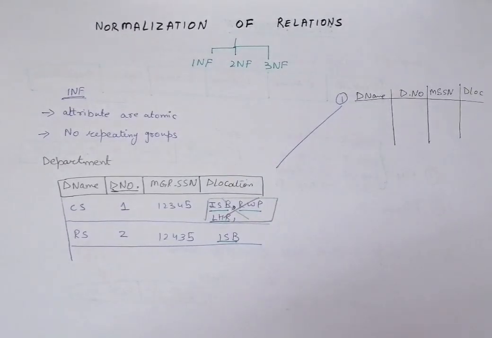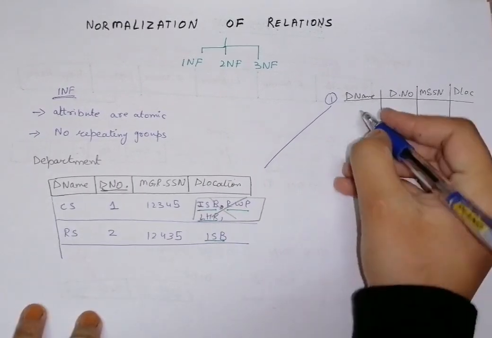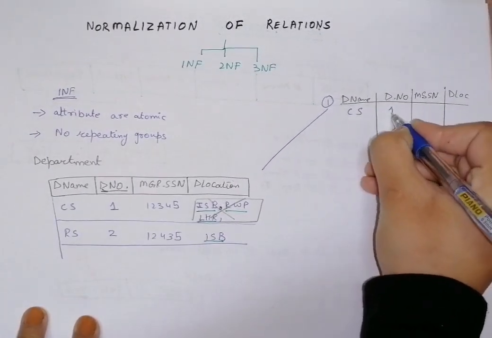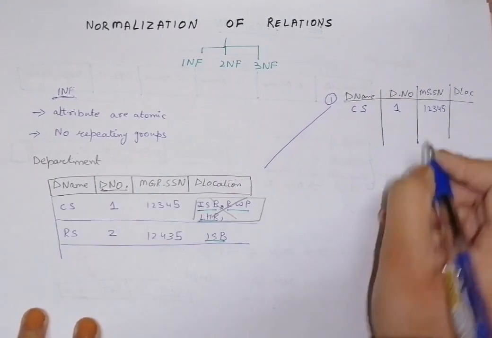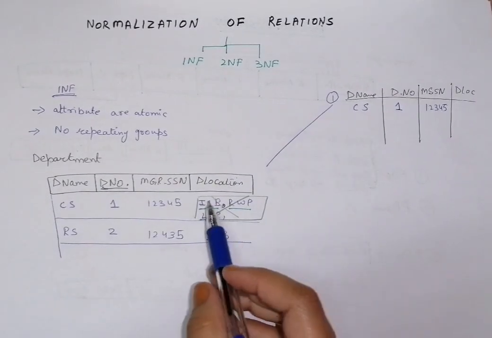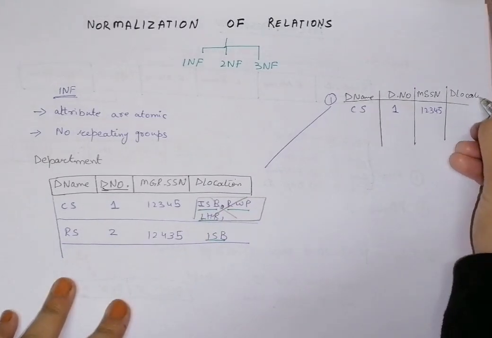So this is my table. Let's say my department name is CS, department number is 1, manager SSN is 1 2 3 4 5, and I have 3 different locations here.